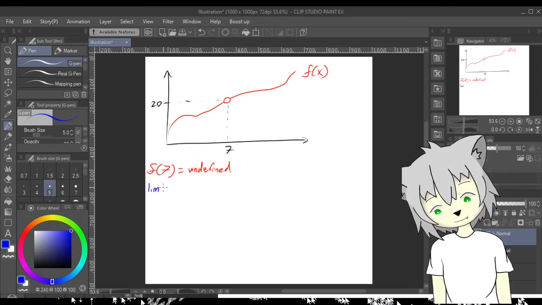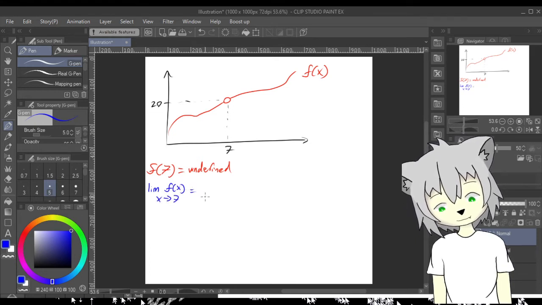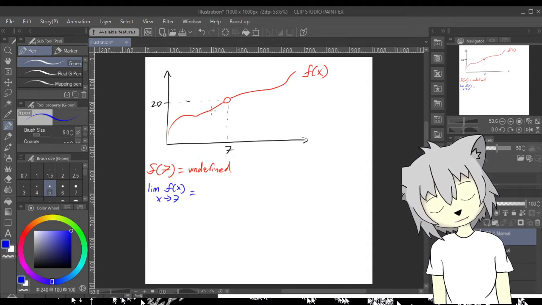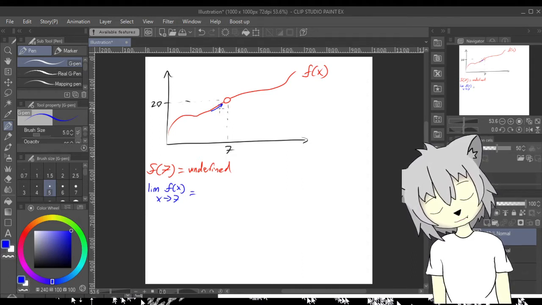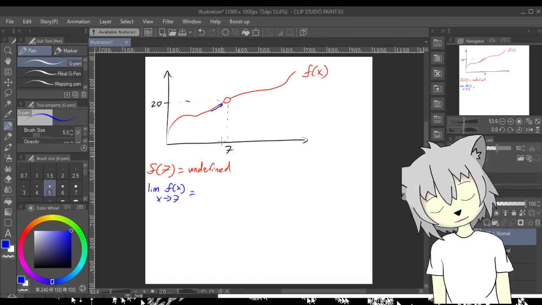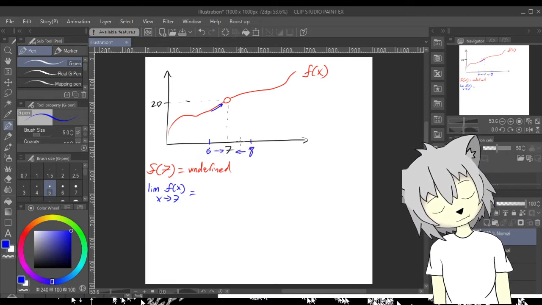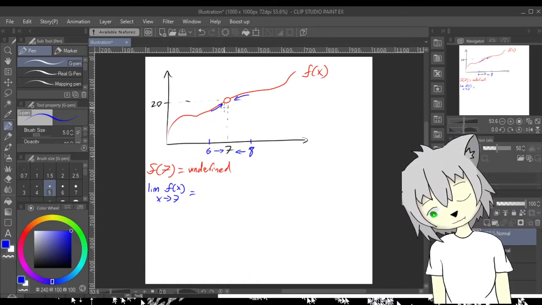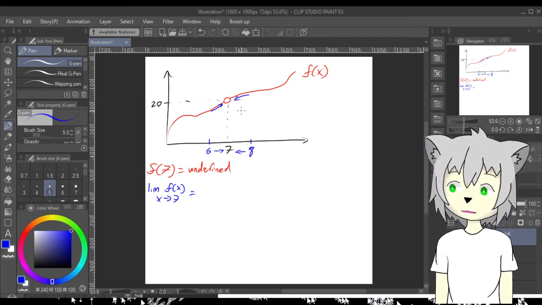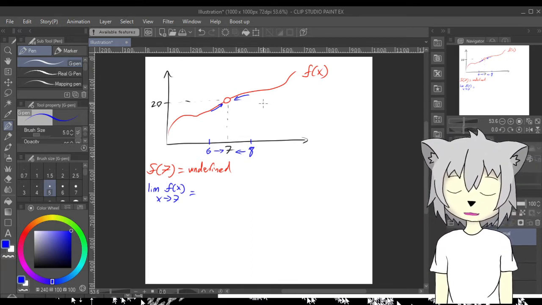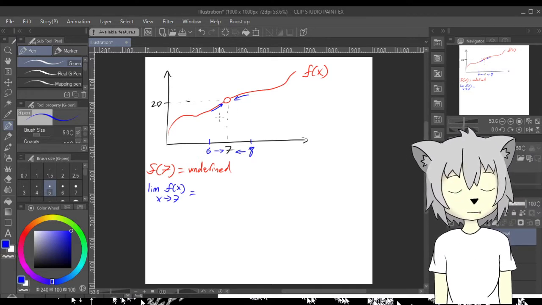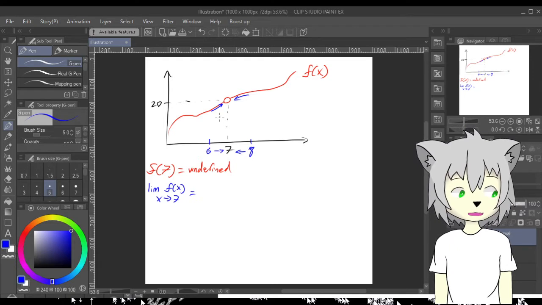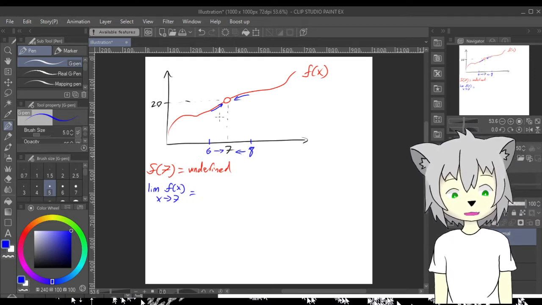But the limit of f of x as x approaches 7 is in fact defined here, because as we get closer and closer, approaching from 6 or something, we might get values like 18, 19, 19.5, 19.85, 19.90, 19.975, 19.9895.